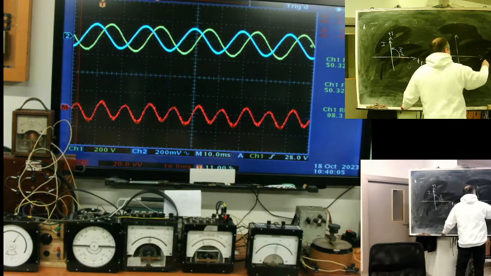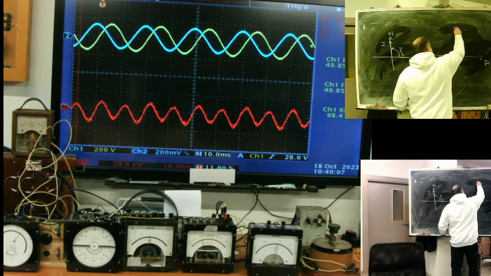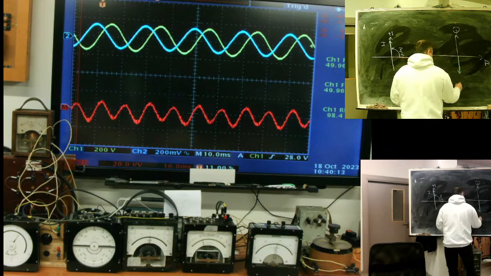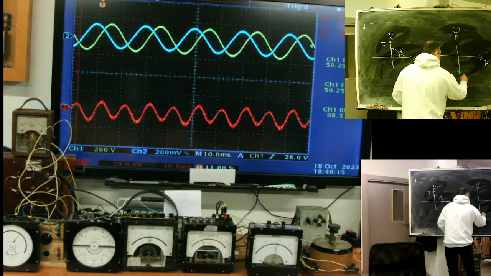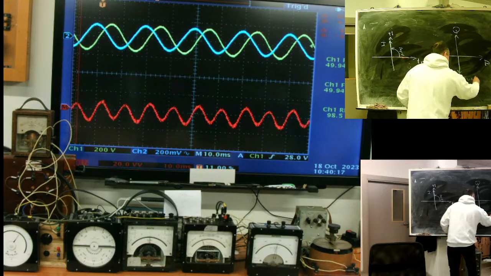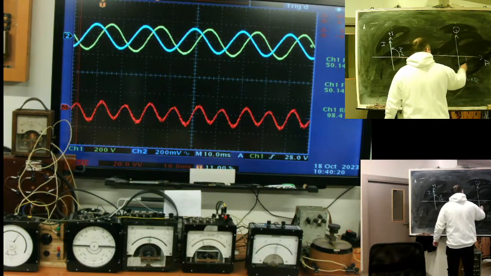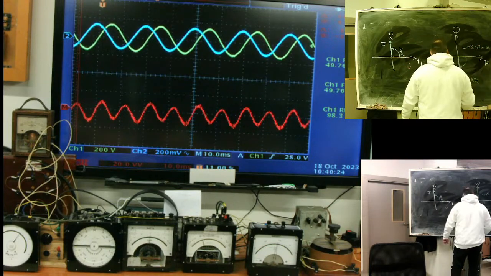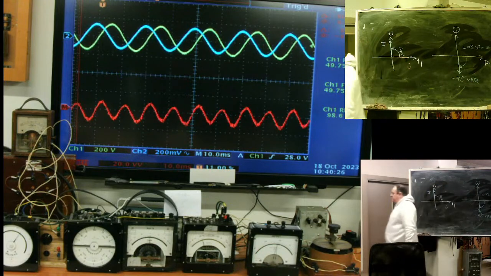In that case P will be like this. And here again, power factor is 0, but I have a capacitive load.